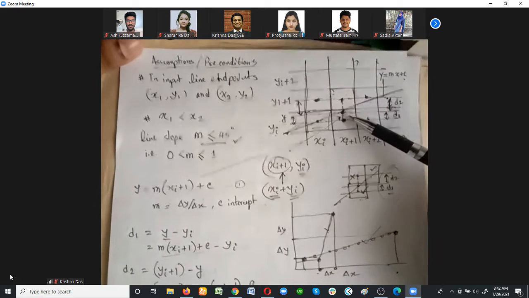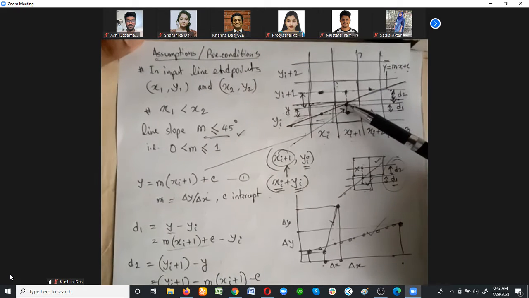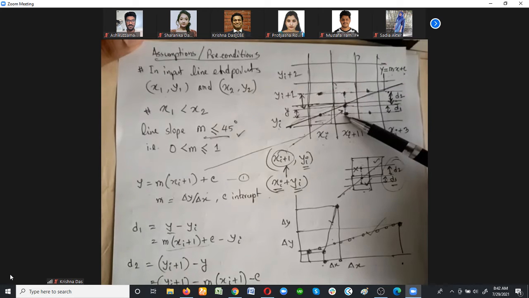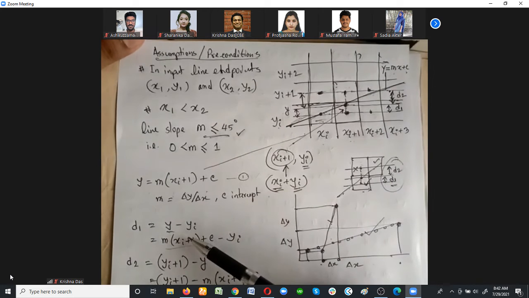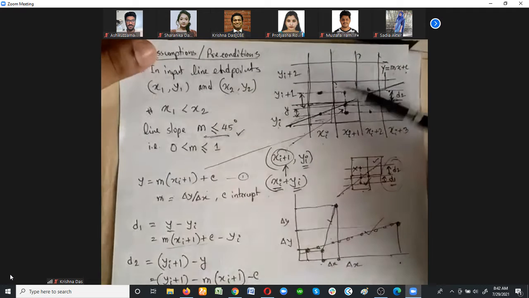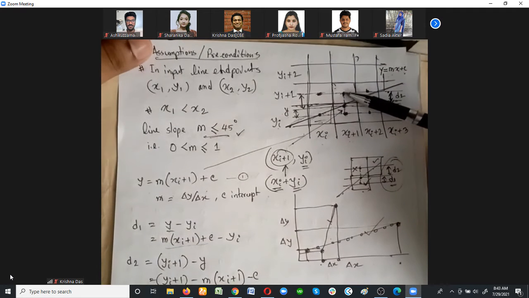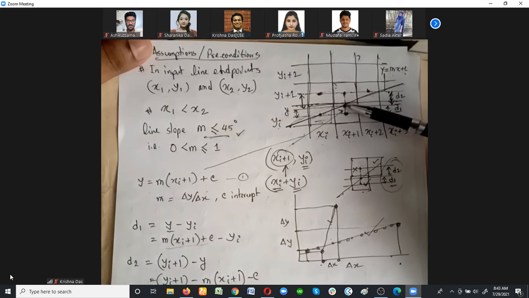D1 we have considered as y minus yi, and D2 we have considered as yi plus 1 minus y.